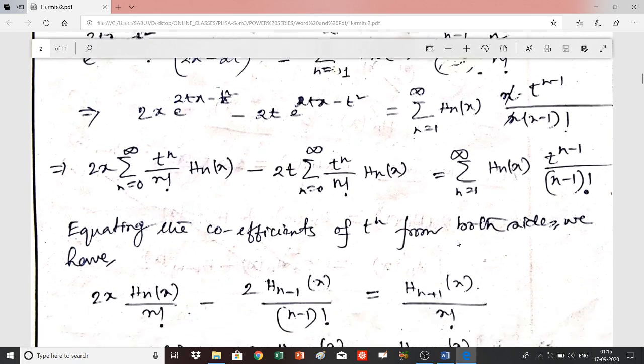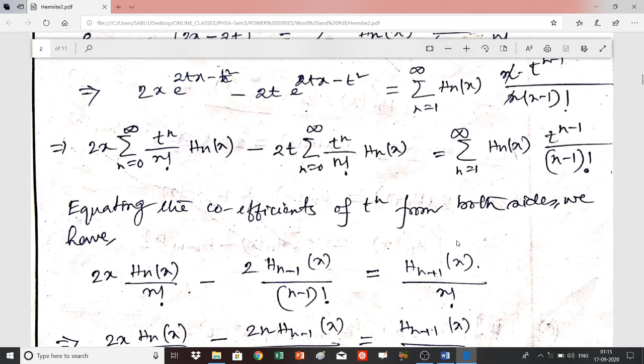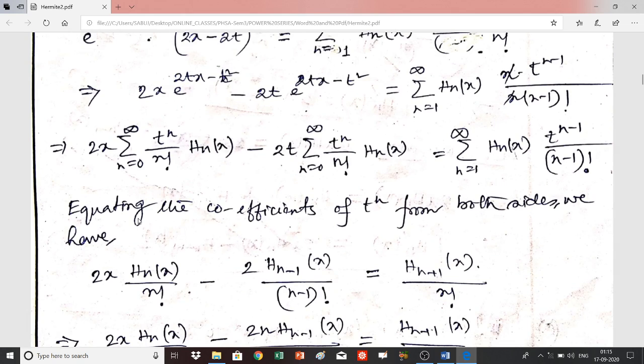Now equating the coefficient of t to the power n from both sides of this equation, the first term from the left hand side will give you 2x h_n by n factorial, minus.